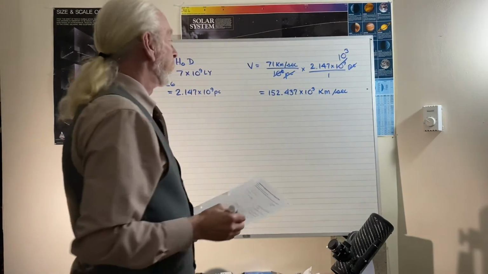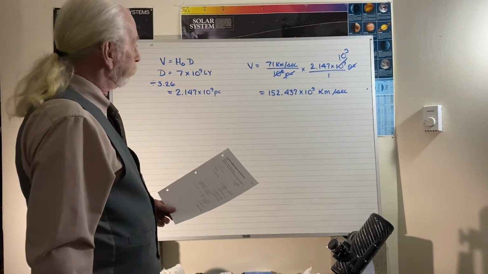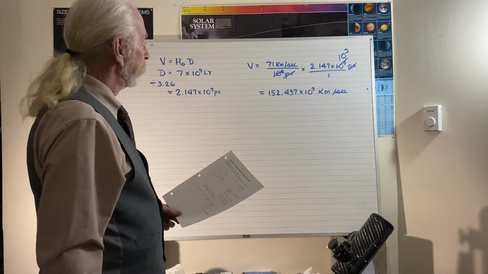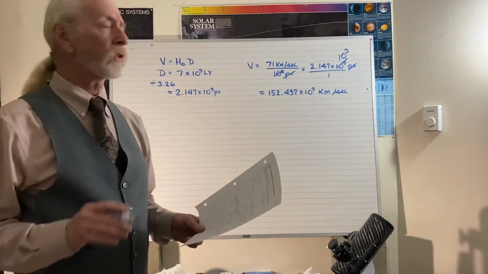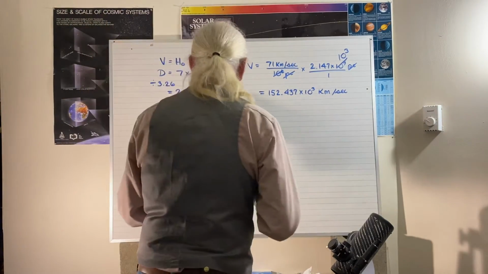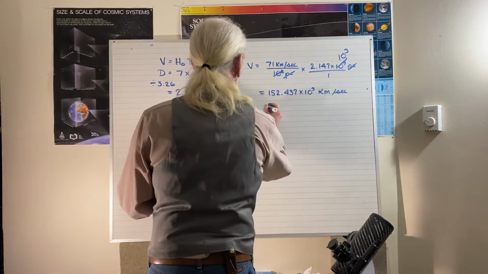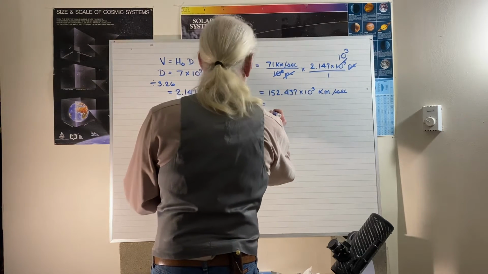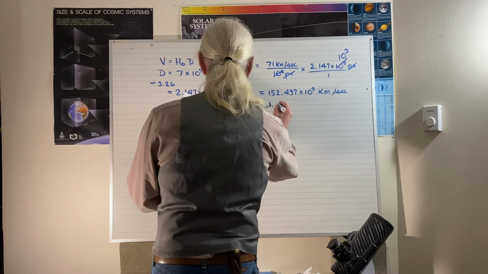So that number doesn't really jump out at us as being all that significant, but if we put it into scientific notation, something will pop out. So let's do that. I'm going to make that 1.524.